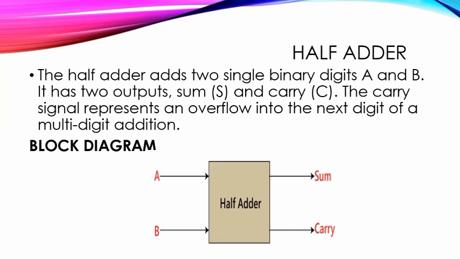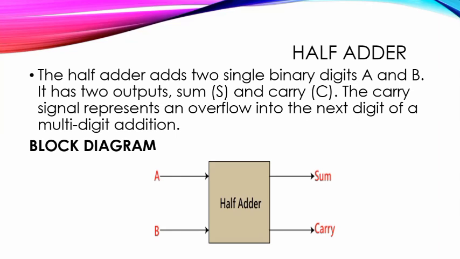The carry signal represents an overflow into the next digit of a multi-digit addition. So this carry will be carried to the next digit which is going to be added.